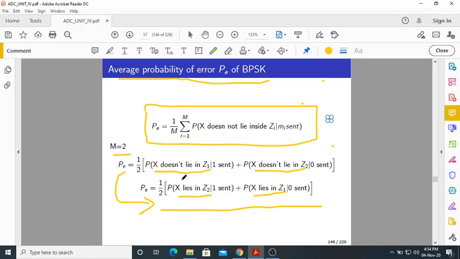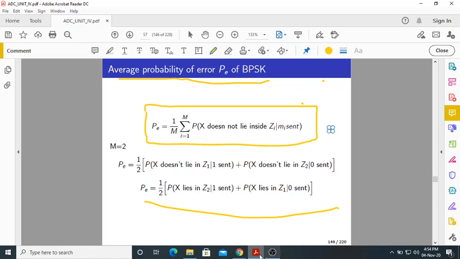It is happening only in the case of BPSK because we have only two regions. If there are more than two regions, we cannot write like this. But here we have the flexibility of writing like this, and we are using that flexibility to simplify our calculations. I hope you appreciate this point. This is the final formula.